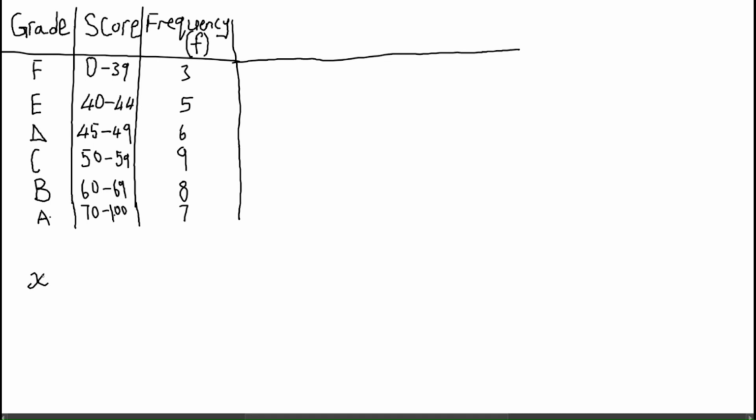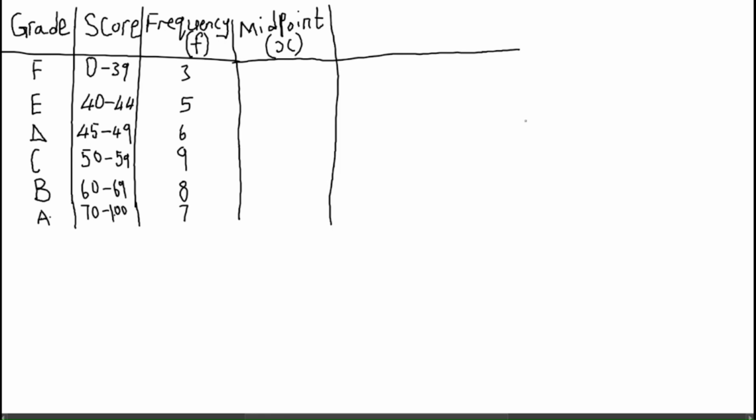Now, we know that the mean is basically the summation of f times x divided by the summation of f. Since we don't know the individual data value, which is supposed to be our x, we need something close to it, and that is the midpoint. The midpoint is the closest value to the individual data value.